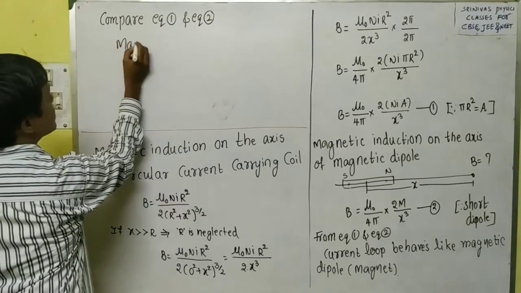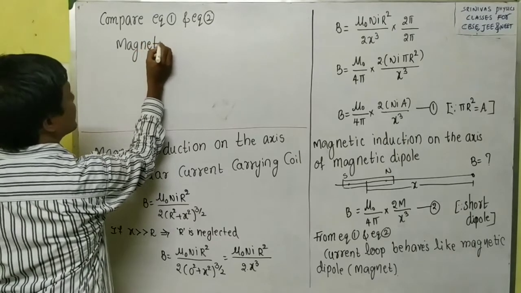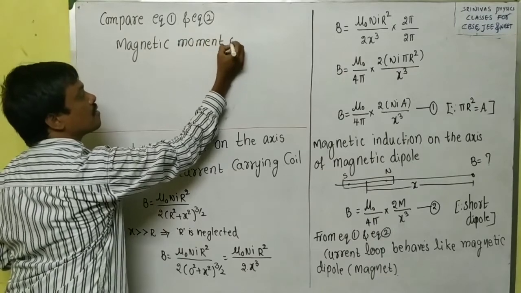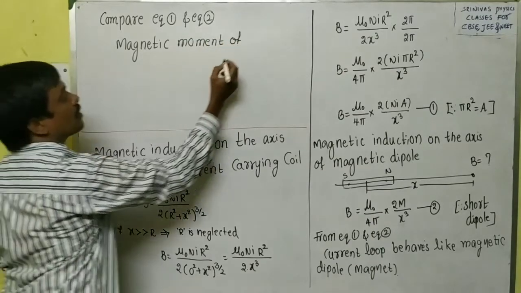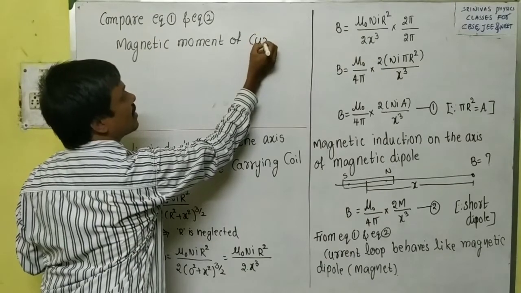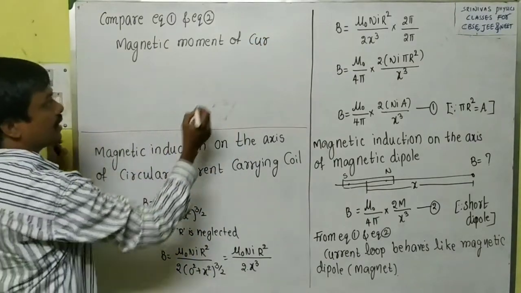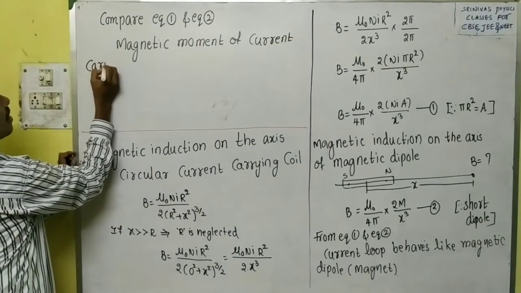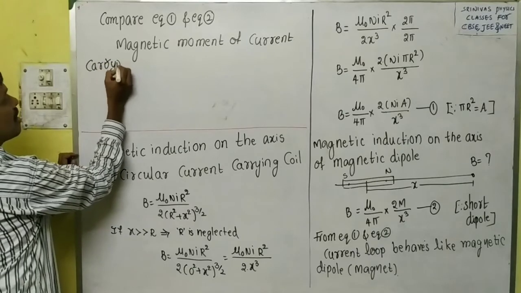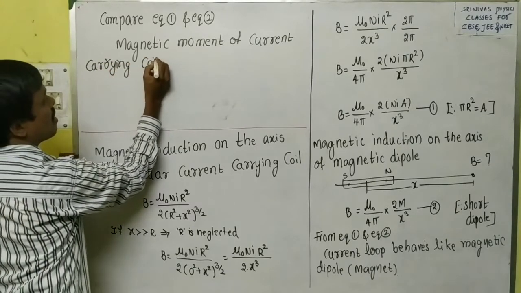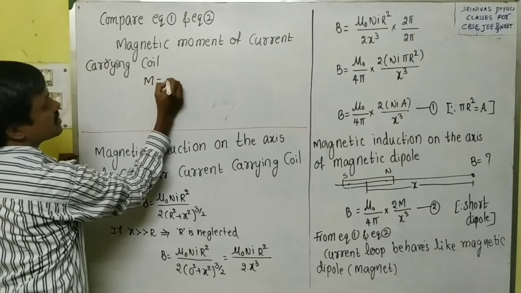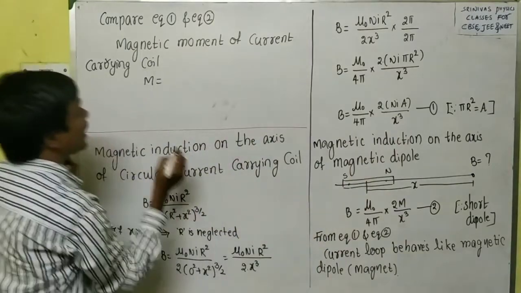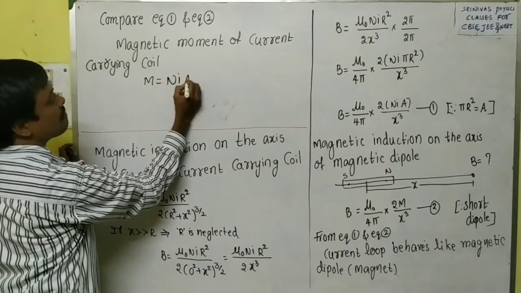Then the magnetic moment of a circular current carrying coil, yes, you compare mu naught by 4 pi, mu naught by 4 pi, 2, x cube, then NIA is there, right? This is the formula for the magnetic moment.